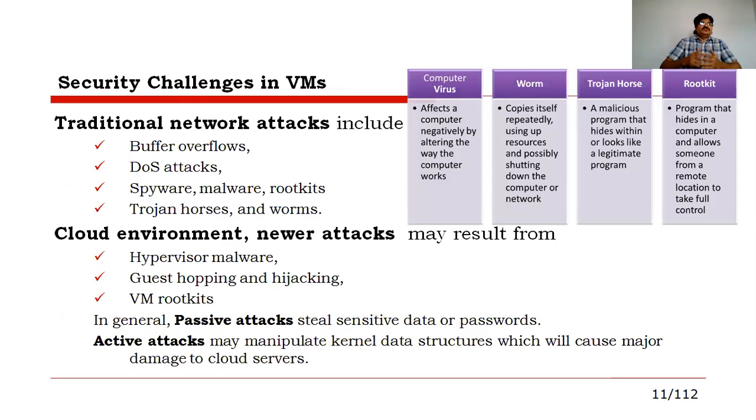There are two types of problems: one is traditional attacks, and the other is cloud environment attacks. We will compare and discuss which type of attacks occur on the cloud side, and which type occur in traditional normal systems.